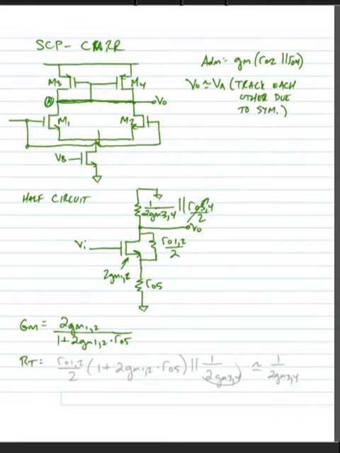Our R total is equal to ro1,2 over 2 times 1 plus twice gm1,2 times ro5 in parallel with 1 over 2 times gm3,4. So we can say that this whole thing is approximately equal to 1 over 2 times gm3,4, because 1 over 2gm is going to be much smaller than ro times 1 plus 2gm times ro.